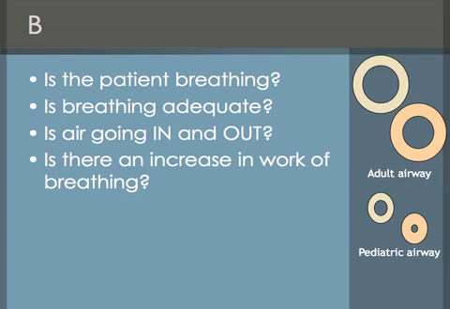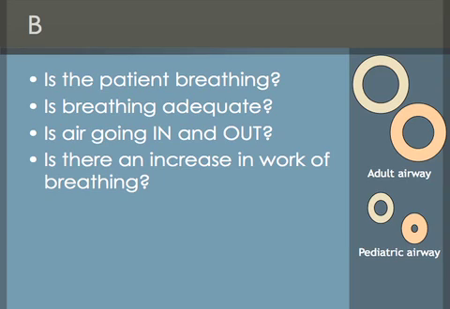You want to look to see if there's an increased work of breathing. Children do things that adult patients do not do as far as work of breathing. Nasal flaring is something that you see actually across the gamut of the trauma patient, and that is a sign of increased work of breathing, and they're trying to open their airway up so that they can move air in.